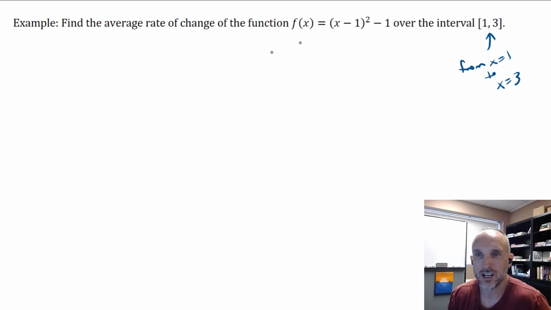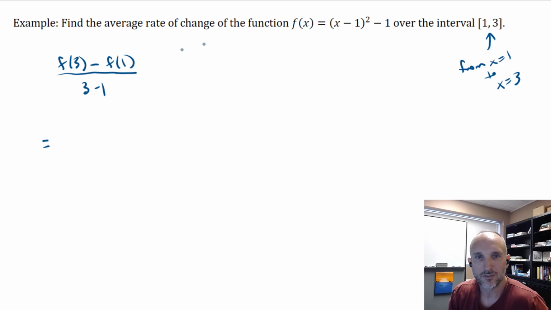So if we want the average rate of change of the function, we need to find the change in the function, which would be f of 3 minus f of 1, divided by the change in x, which is 3 minus 1. So f of 3, plug 3 in for x, we get 3 minus 1 is 2, 2 squared is 4, 4 minus 1 is 3.